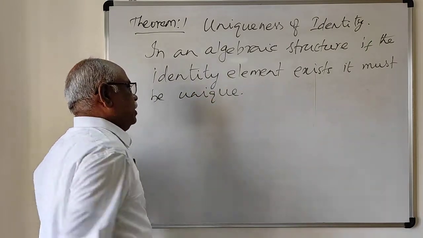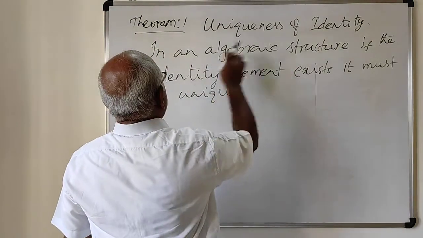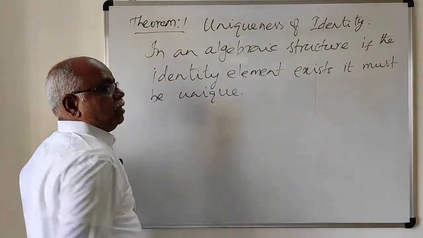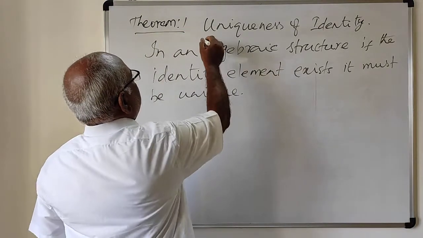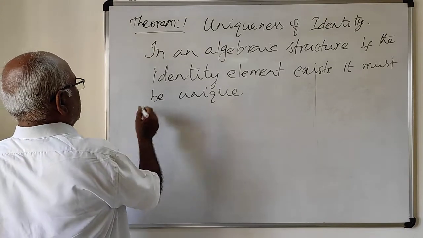It must be unique means it is only one. That is the uniqueness of identity. Now the proof.